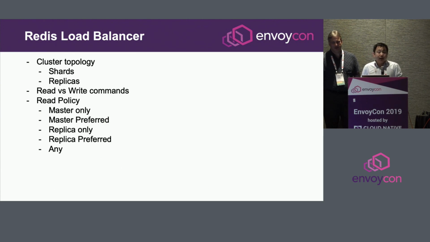So we need to create a Redis-specific load balancer that can understand this, that can handle this protocol. So it has to understand the cluster topology. It has to understand, okay, a node correlates to a shard, and then there are primaries and replicas. But also, if we really want to send requests to replicas, we can't do write requests to replicas. We can only do read commands.